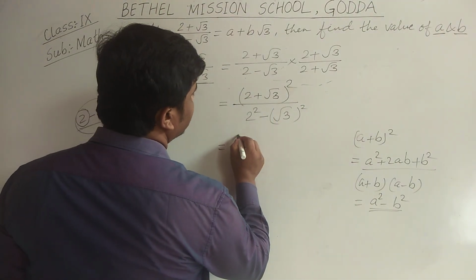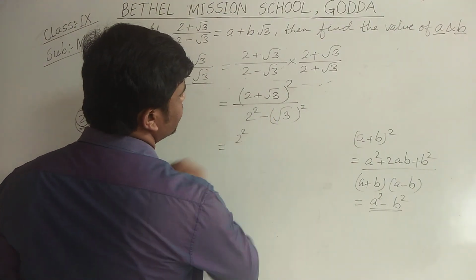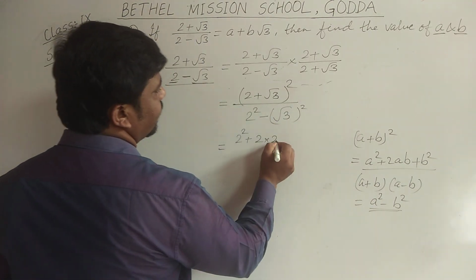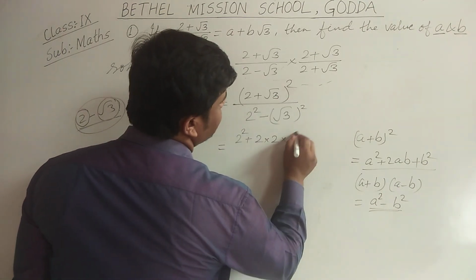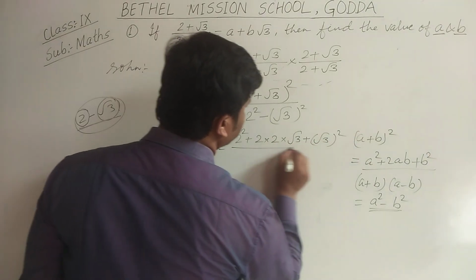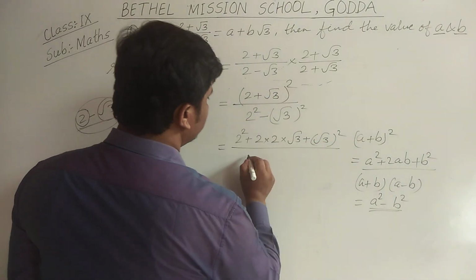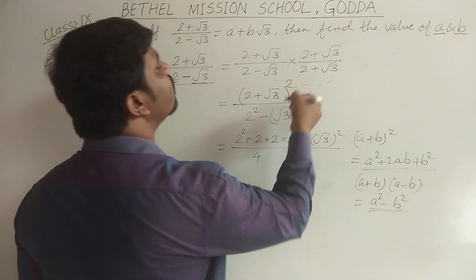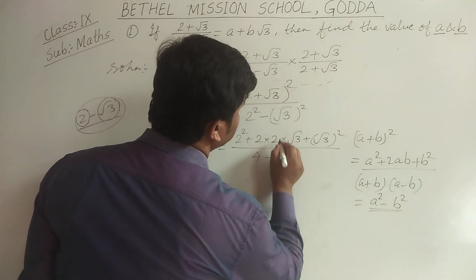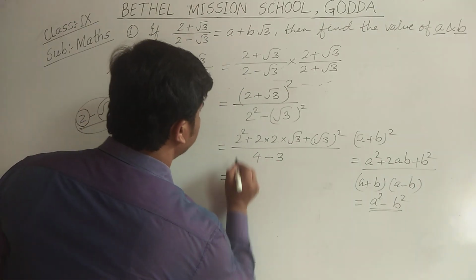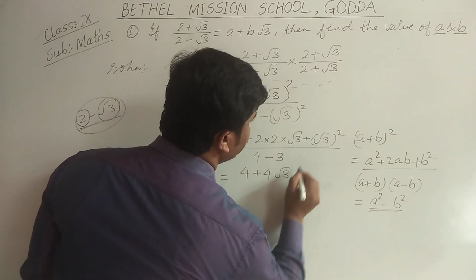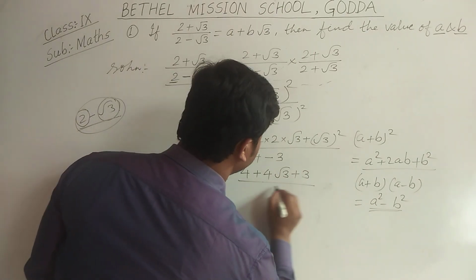So here in the place of a there is 2, so square of 2 plus 2 into 2 into root 3, plus under root 3 whole square. After that, 2 square is 4, and root 3 into root 3 is 3. Then 4 plus 4 root 3 plus 3 upon 1.